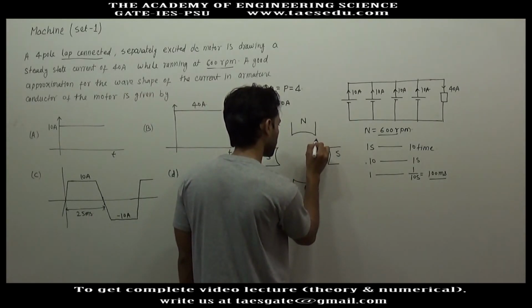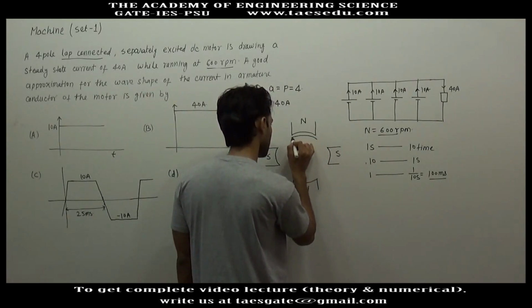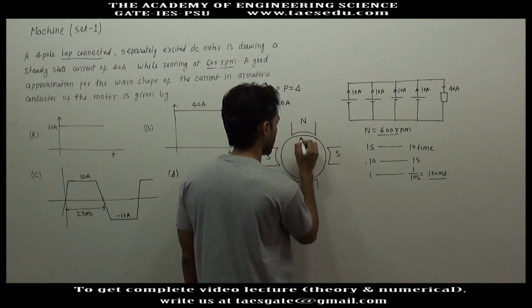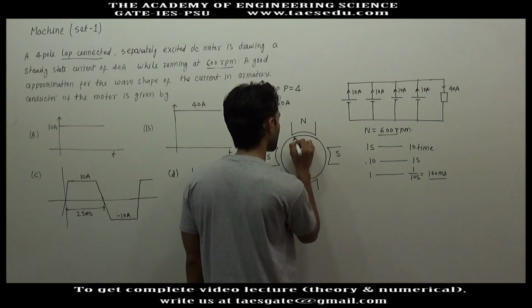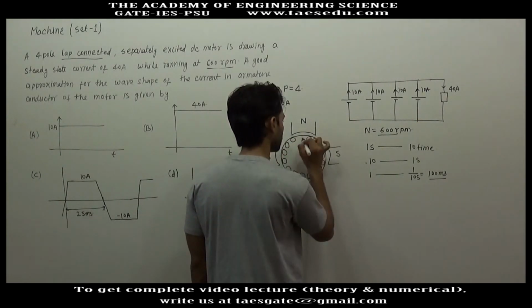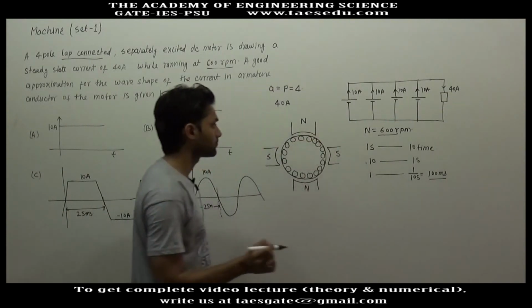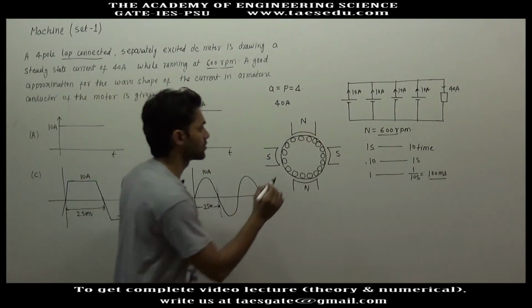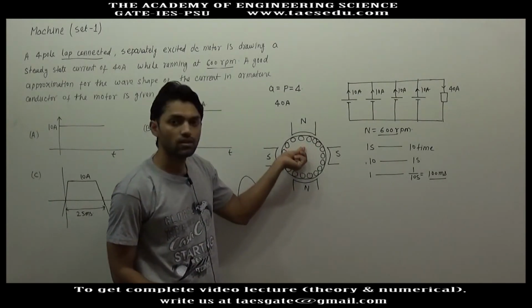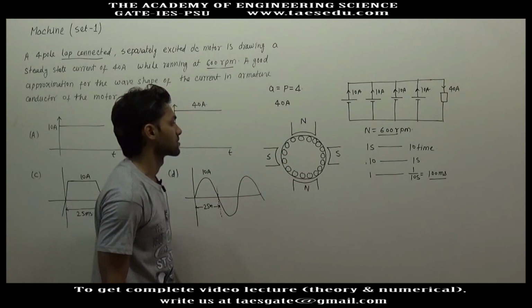And let's say this is the armature frame, and let's say these are armature conductors. These armature conductors are first connected to a ring, and voltage is collected on the brushes.